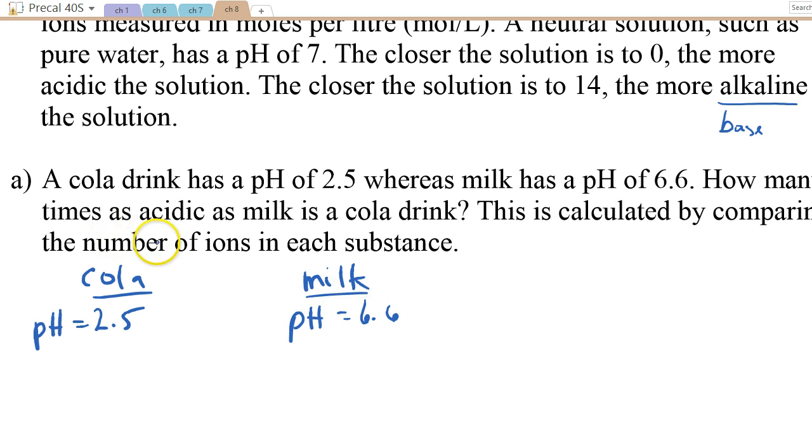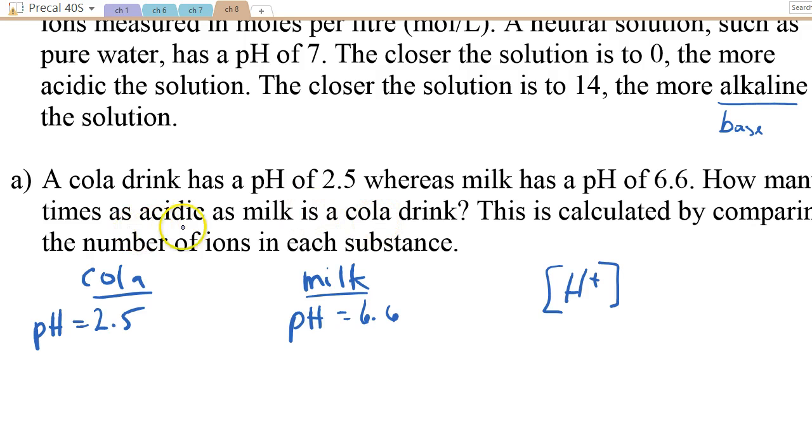How many times as acidic as milk is a cola drink? When they're saying how many times acidic, they're not saying what's 6.6 divided by 2.5. When they're asking about how many times it's acidic, and the next sentence describes this, this is calculated by comparing the number of ions. So really what we're wondering about is the relationship between the hydrogen ions of one versus the other.